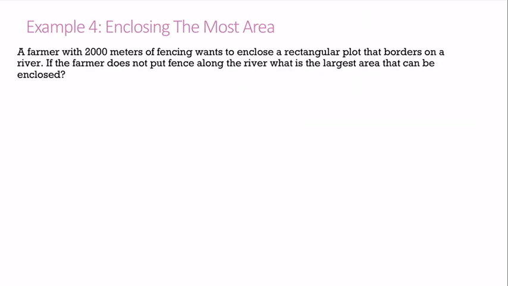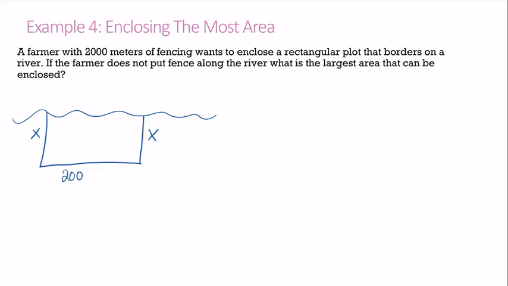So let's think about this. I've got my river and I've got my fence. Let's let this be our unknown, x, and I've only got 2,000 meters, so I've got 2,000 minus 2x is what's left on our long side.